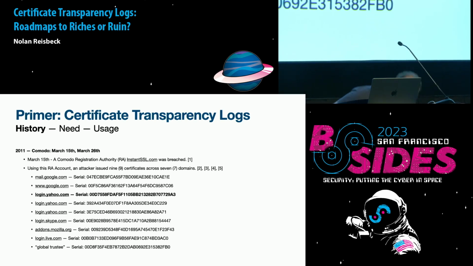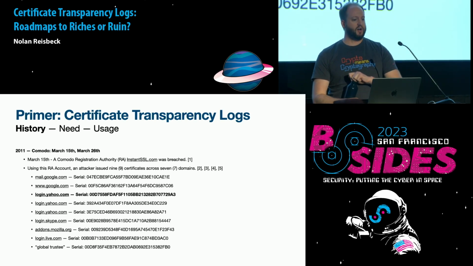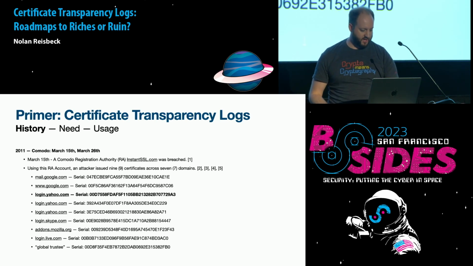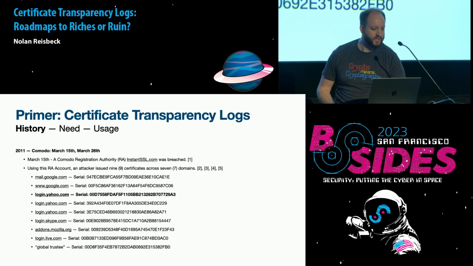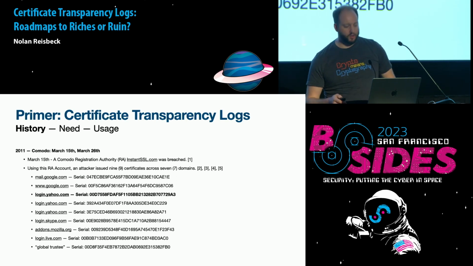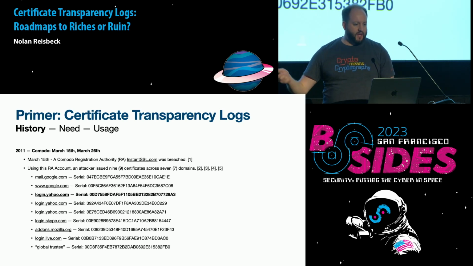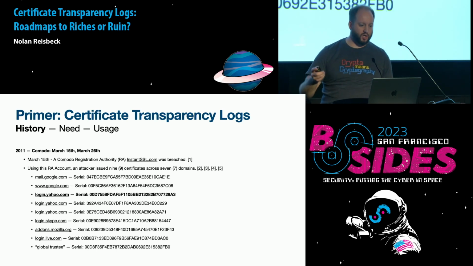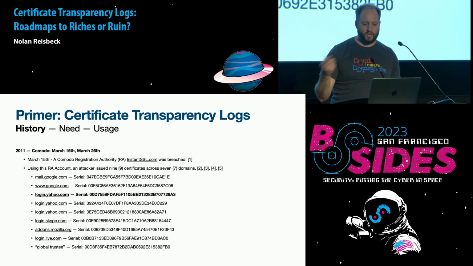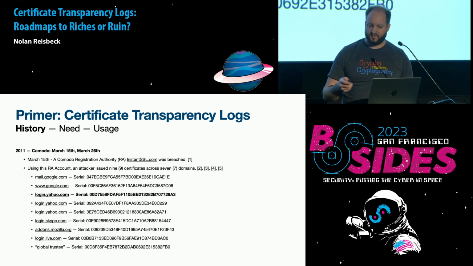So here's where we get into a little bit of the need. In 2011, there was, well, there still is a CA, Komodo, that had a little bit of an oopsie daisy. And Moxie Marlinspike gave a really good talk on this a while back. It was probably 5, 6, 8 years ago. But on March 15th, it was discovered that the registration authority Instant SSL, which was an issuer for Komodo, had a little bit of a security incident.